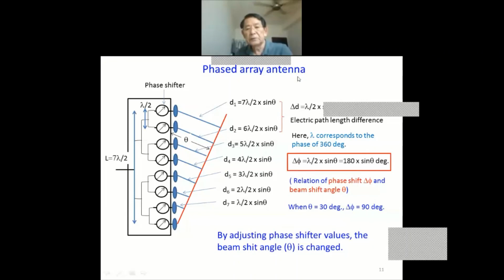So this function is called phased array antenna. Phased array achieves radiation in any direction by this equation.